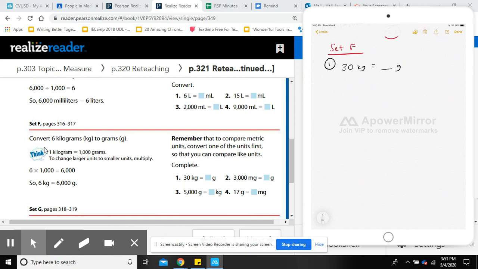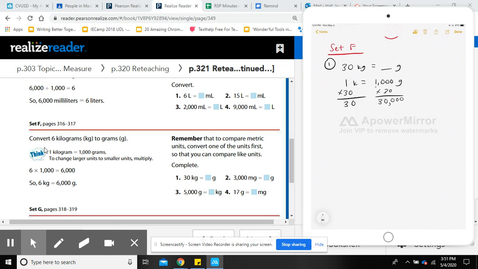Okay, so if 1 kilogram is equal to 1,000 grams, like it tells us over there, and I need to get to 30 kilograms, I multiply by 30. What I do to one side, I do to the other side. 1 times 30 is 30, and then I'm going to add 3 more zeros.